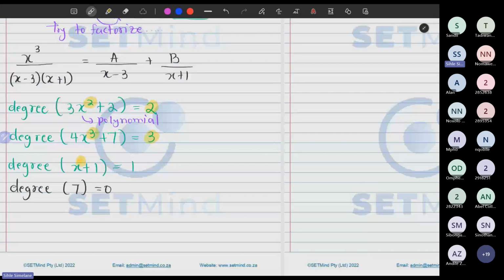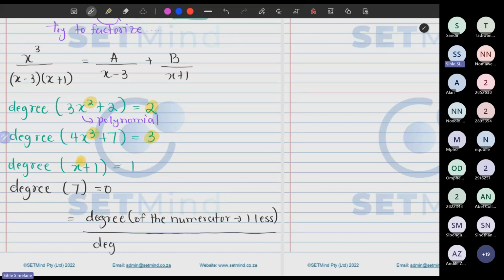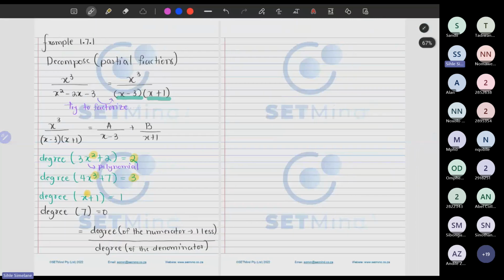So what you should do when you do your partial fractions is that the degree of your numerator will be 1 less than the degree of the denominator. This is important when you do your partial fraction.